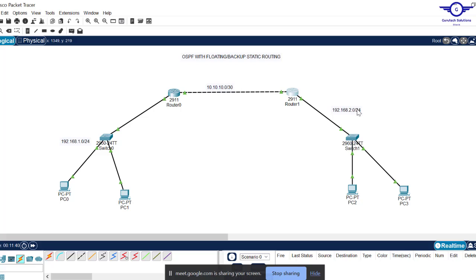Router 1 doesn't know that this network exists, the same way router 0 doesn't know that this network exists. That means any device in this network will not be able to communicate with the devices on the other side, and the same applies the other way.